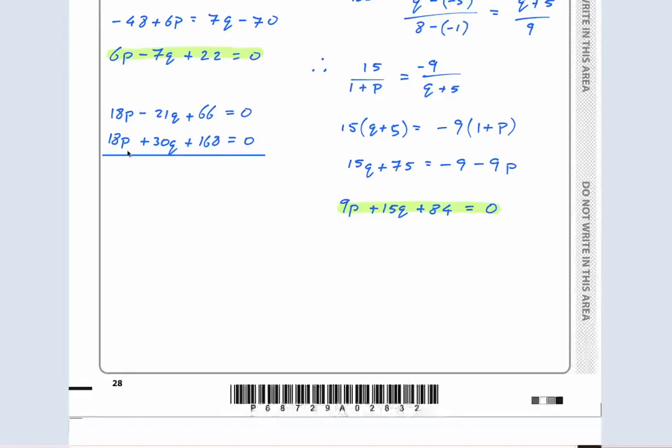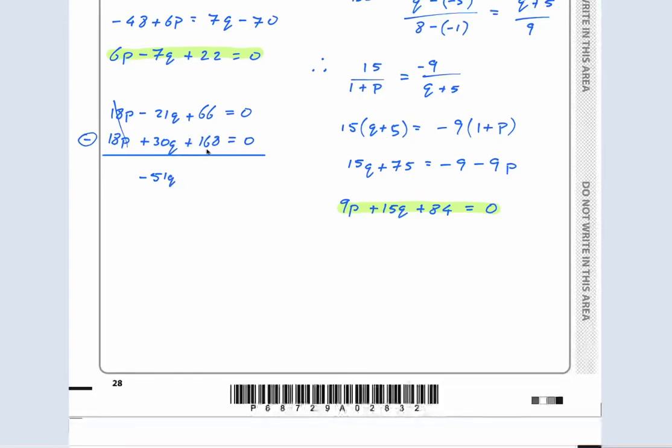Put a line underneath. These are the ones I'm going to eliminate. The sign is the same, so I'm going to subtract. Put the subtraction in a circle because I'm going to subtract all of these. This minus this is 0. It's gone. This minus this is minus 51q.